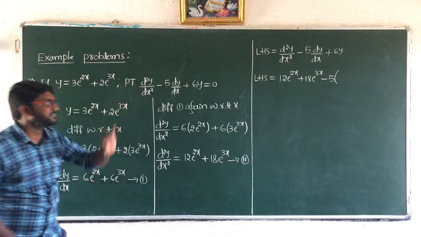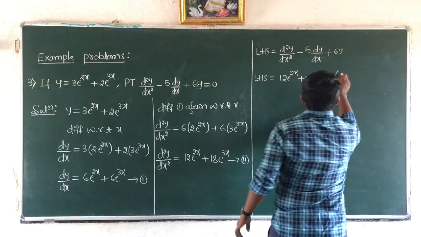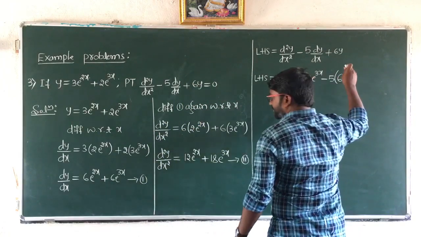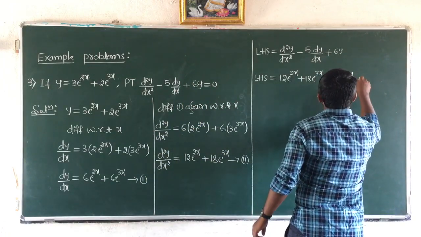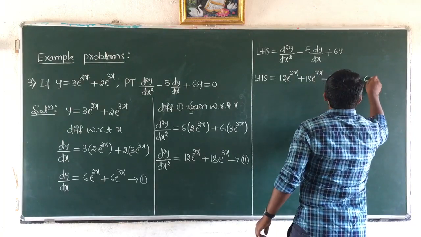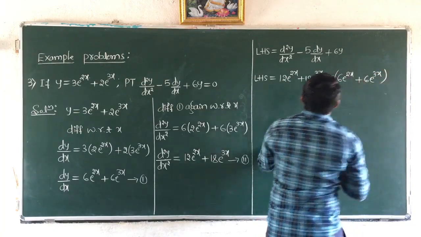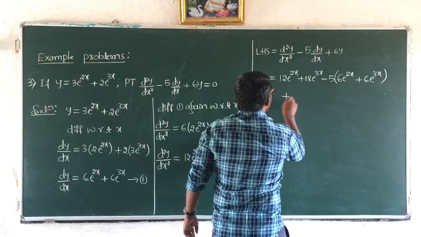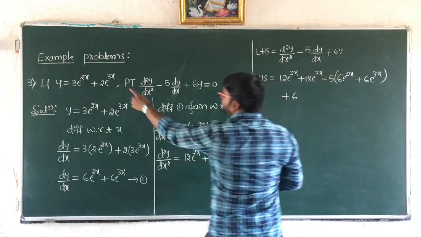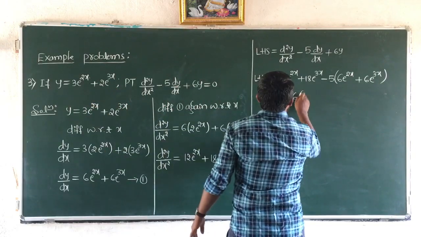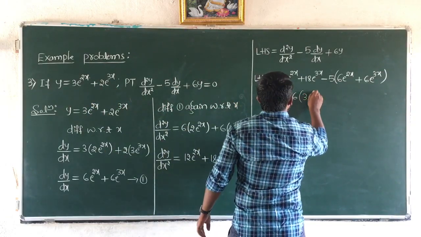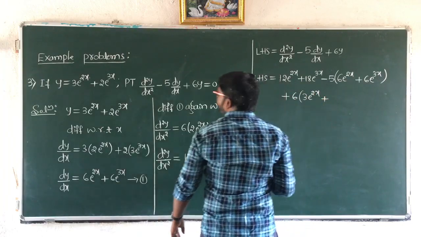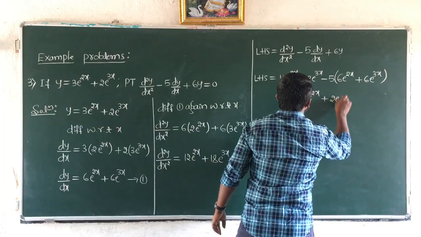This I have to write inside the bracket: 6 times e raised to 2x plus 6 times e raised to 3x. So this is minus 5 into dy by dx plus 6 into y. Y means we have to write the given problem. So it is 3 times e raised to 2x plus 2 times e raised to 3x.